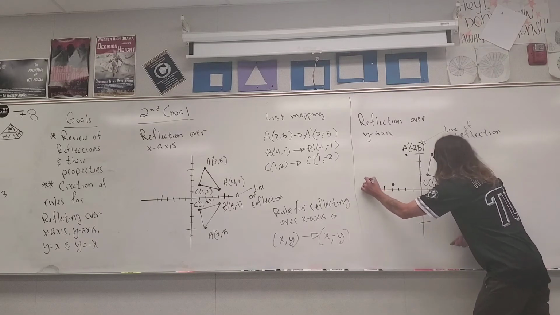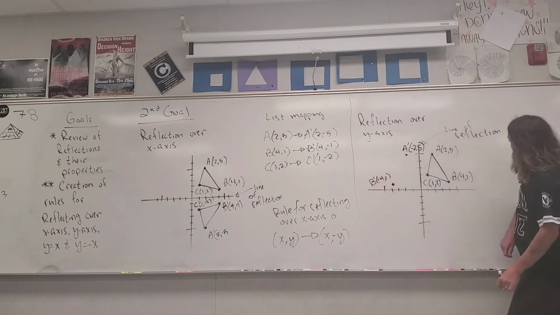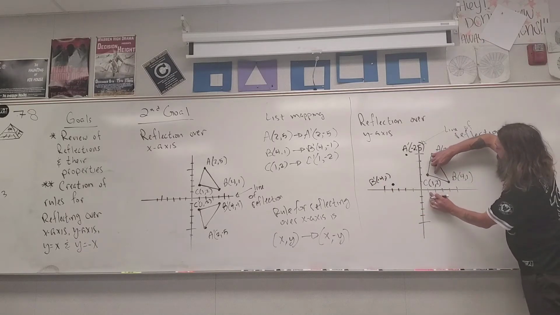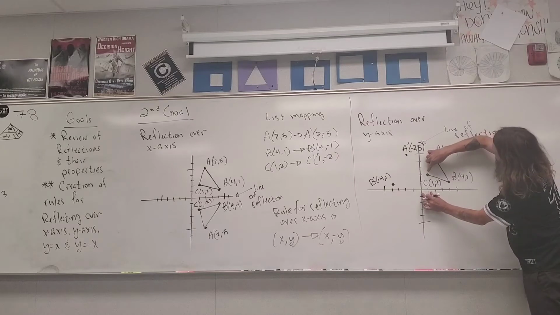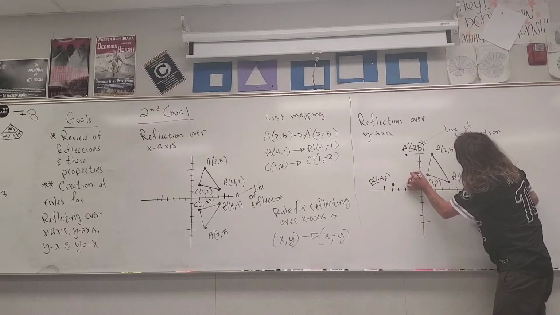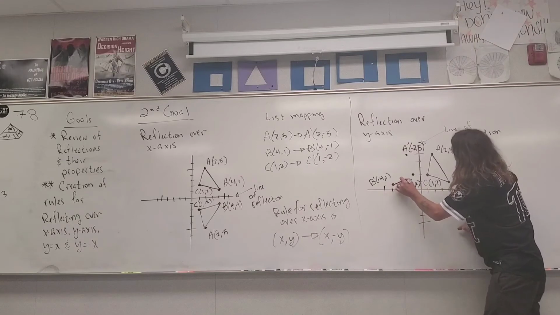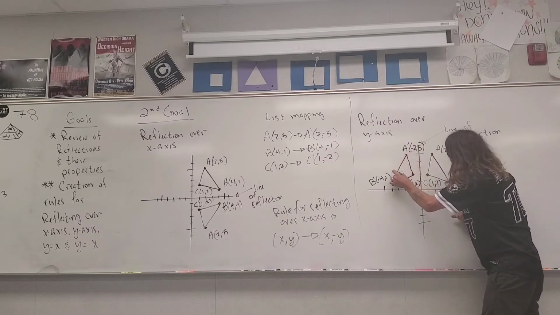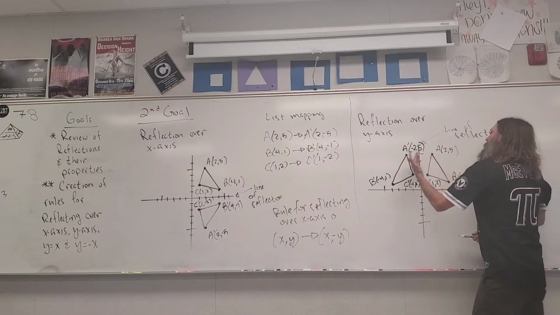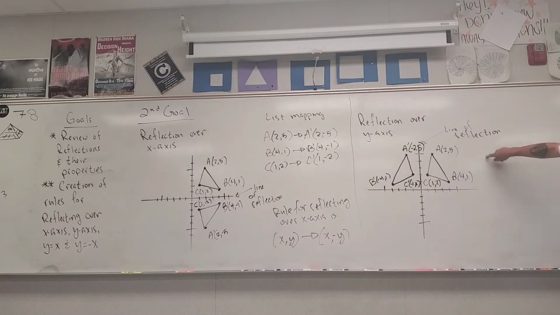So B maps to B prime, which is (-4, 1). And C is 1 away from the y-axis. So its counterpart must also be 1 away. So C prime is (-1, 2). Let's connect these dots. And again, we flipped over the y-axis, which was our line of reflection.